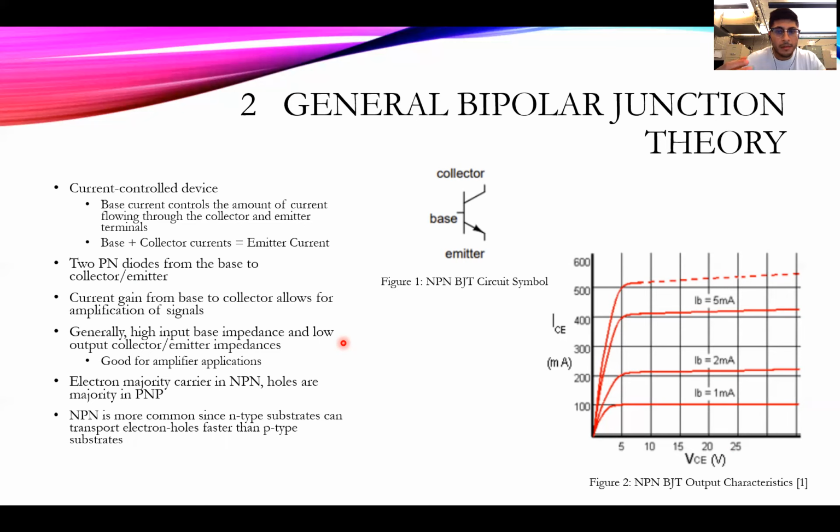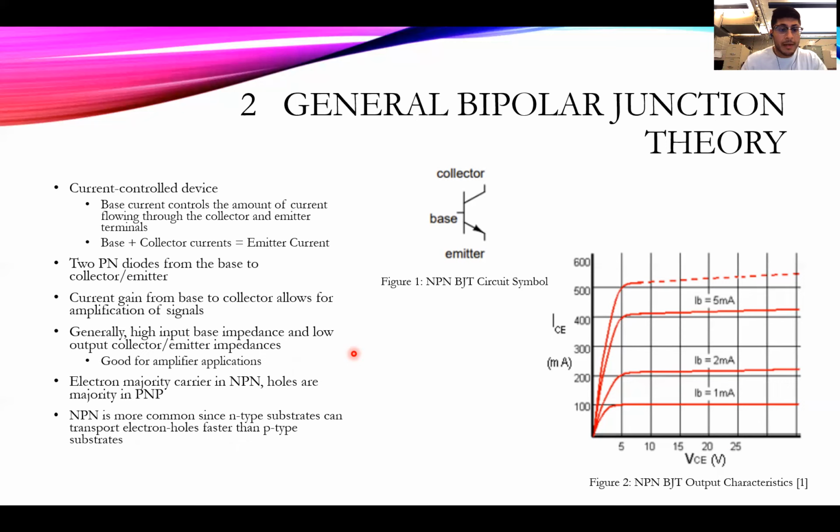One good feature about BJTs is they generally have a high input impedance at the base, and alternatively, they have a low output collector or emitter impedance. This is really good for amplifier applications where you want a really high input impedance and a low output impedance, so that loading effects aren't swinging your amplifier performance too much.